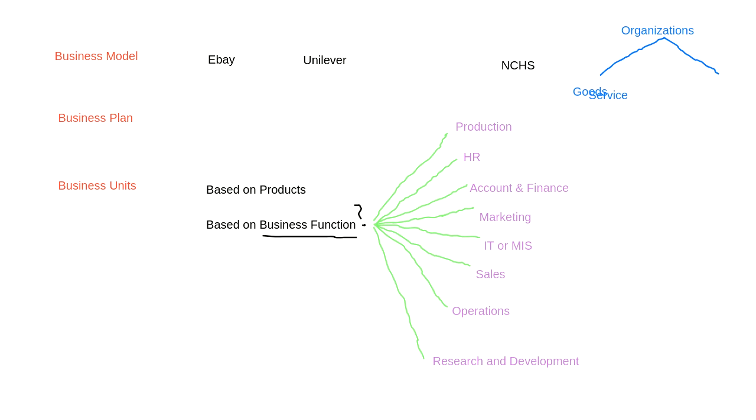If I tell you some examples of organizations who provide goods: Unilever, Cargill's. If I tell you NCHS, it belongs to the service sector.